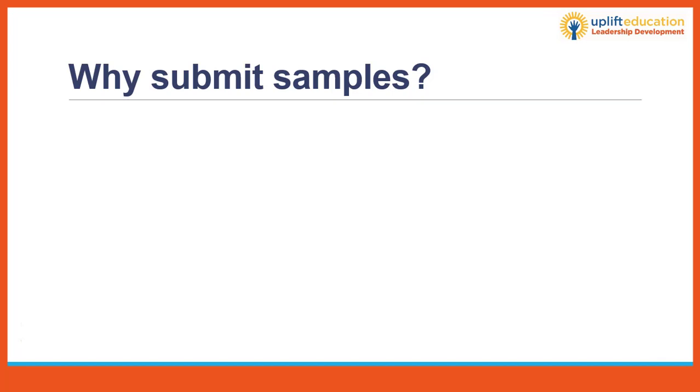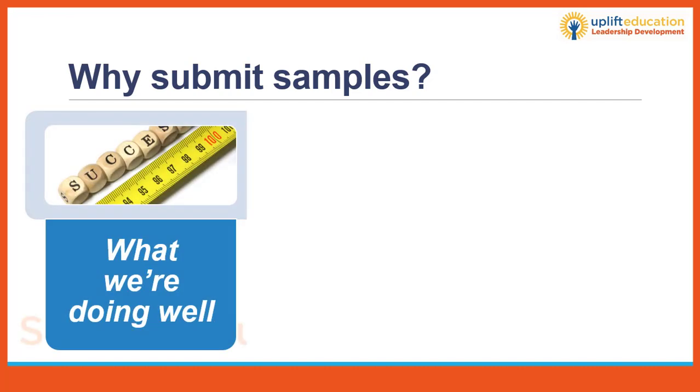So why submit samples? First and foremost, these samples are not evaluative in any way. They're intended simply to help shed some light on where we are as a network of humanities teachers. Scholar work samples from every humanities classroom across Uplift will illuminate what we're doing well when it comes to research.